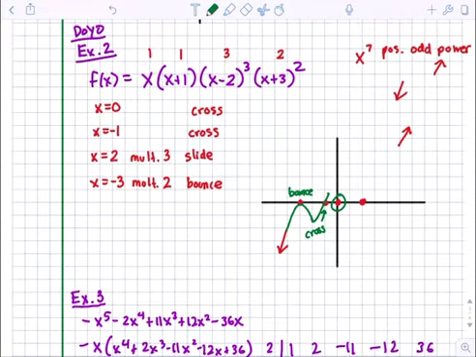Now look at the next zero. It's at x is equal to 0, which is right there. That means it's going to cross there. So, cross. And then finally, when we reach x is equal to 2, it's going to slide. So, here we go.